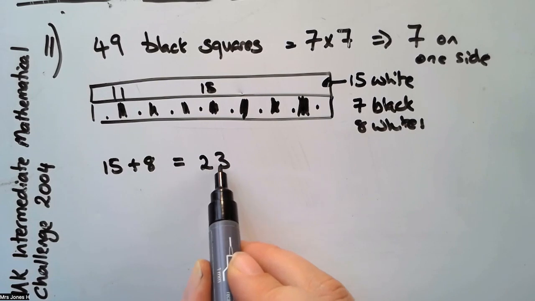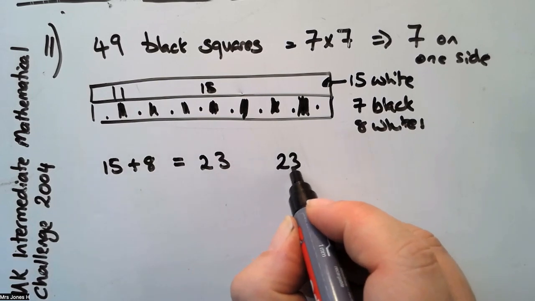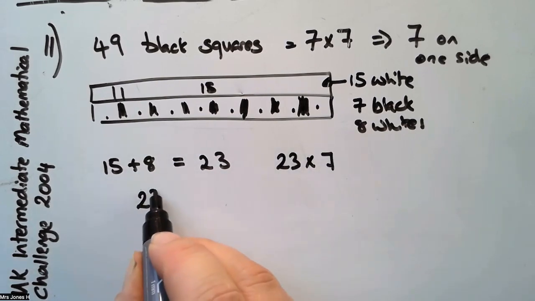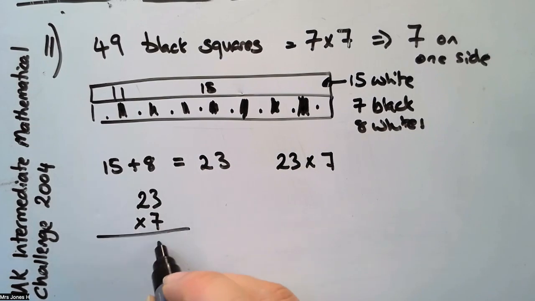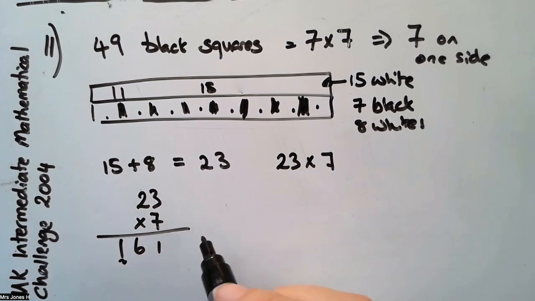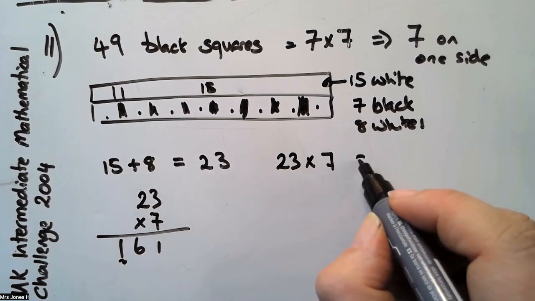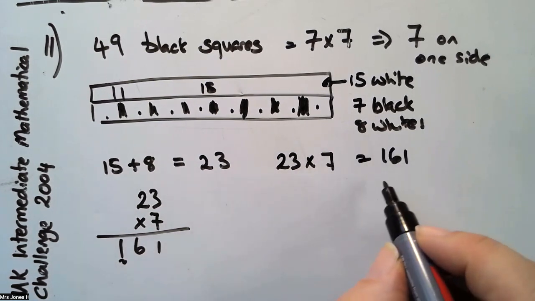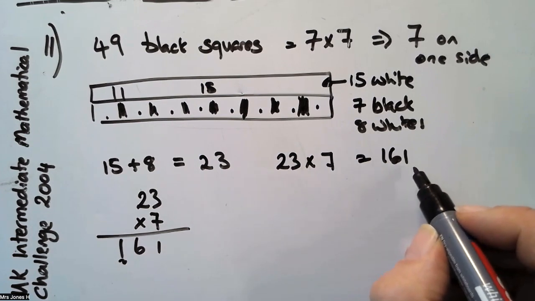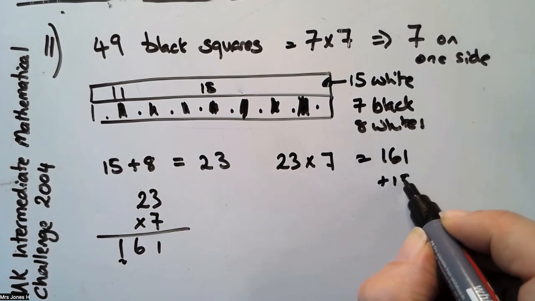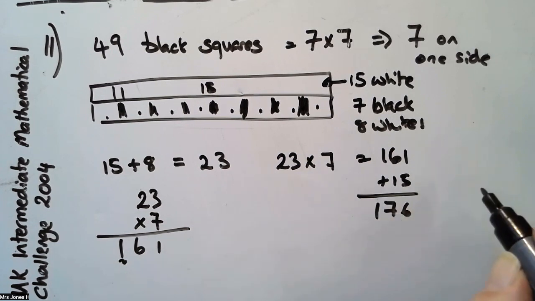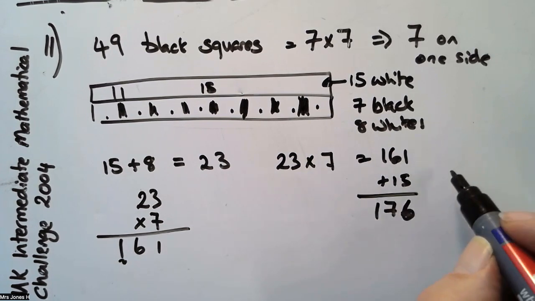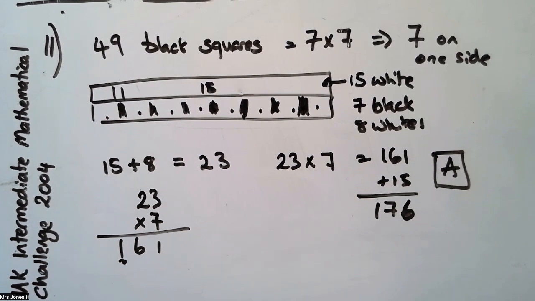We need 7 lots of these. And then we're going to add that to the 15 extra. And the answer is 176, which is A.